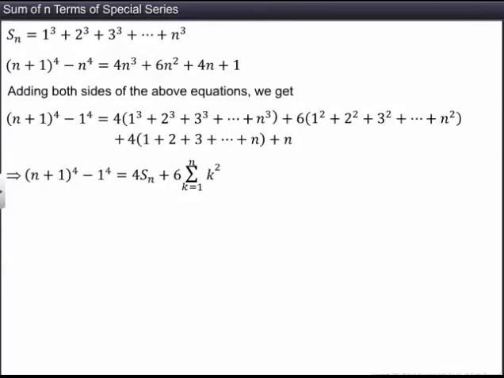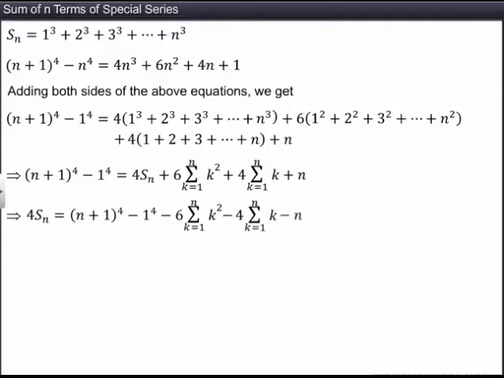Similarly, the sum of the first n natural numbers can be written as summation of k running from 1 to n. It implies that 4 into Sn is equal to n plus 1 whole raised to the power of 4 minus 1 raised to the power of 4 minus 6 into summation of k square minus 4 into summation of k minus n.